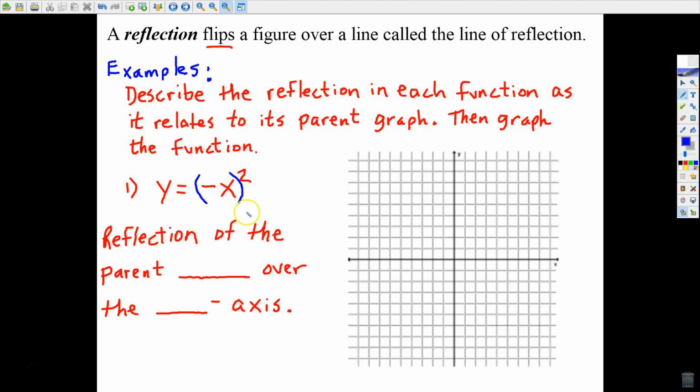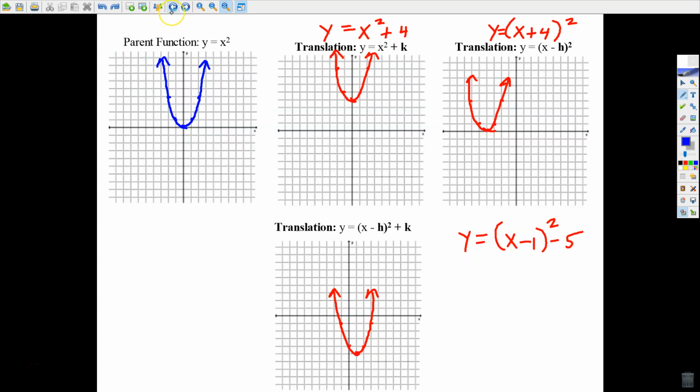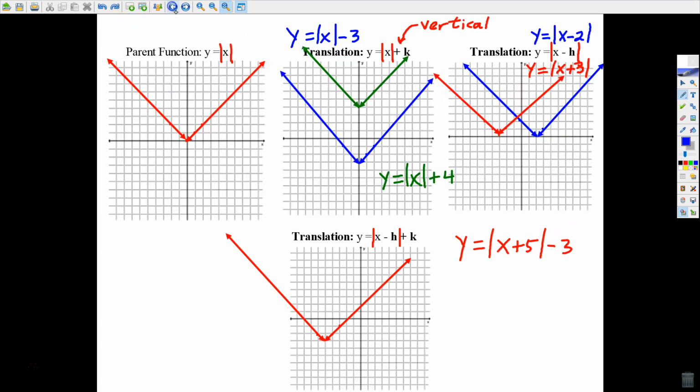Notice how I just changed it to where minus is in parentheses, but ours is not. So again, think outside. When we were dealing with numbers before that were outside, and we were talking about a shift, was that a vertical or a horizontal shift? When the number was outside. Vertical or horizontal? Vertical, okay?